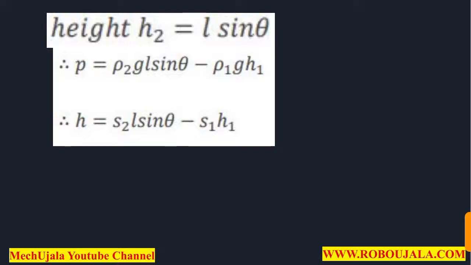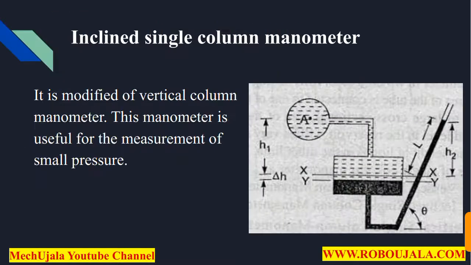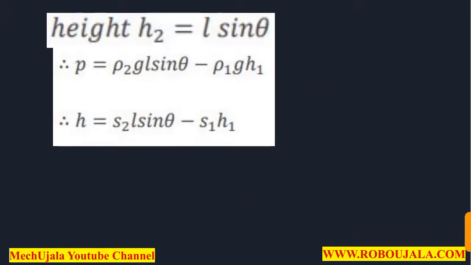Then we will get p is equal to rho 2 g L sin theta minus rho 1 g h1, according to the U-tube manometer. And now if we put P is equal to rho gh, we can calculate the value of h, which is the head. So that's how we can calculate the head or pressure difference, or the pressure at different points using manometers.